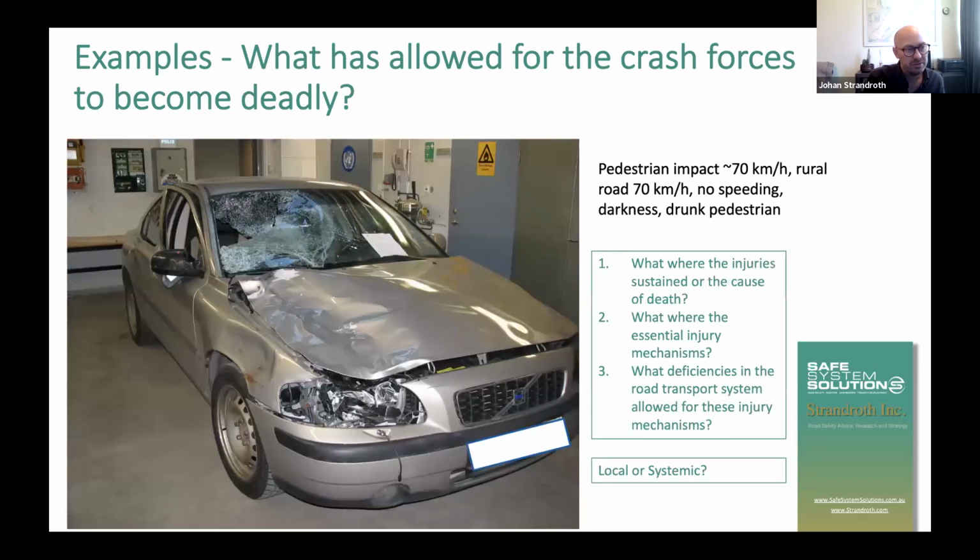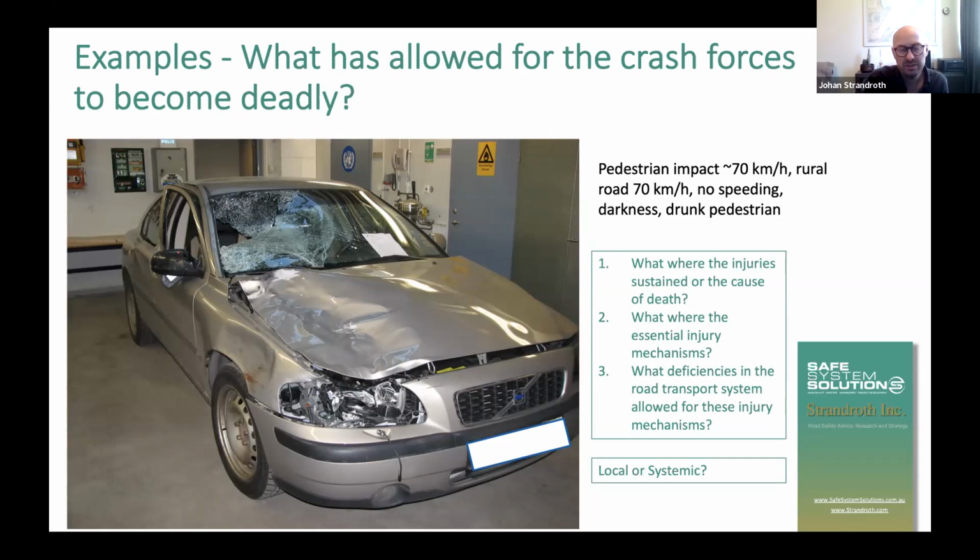Let's look at another one. This is a pedestrian impact, around 70 kilometers per hour on a rural road. We expect that the car was not speeding, at least not extensively, so no speeding, darkness, and a drunk pedestrian.